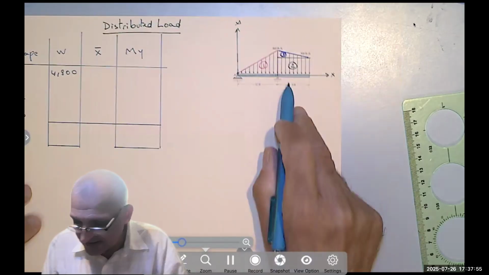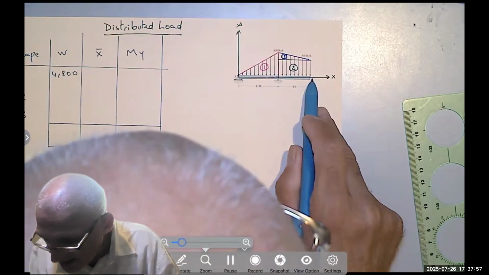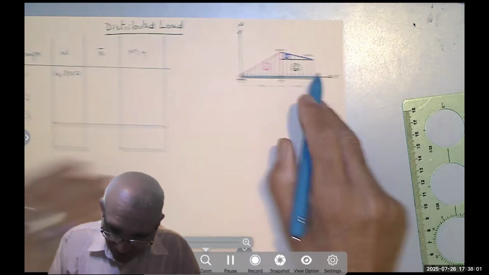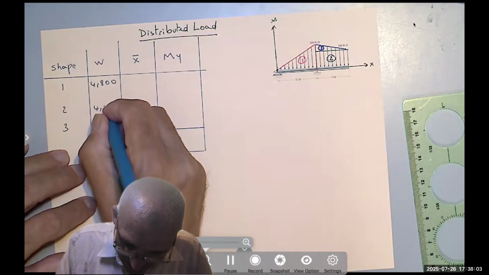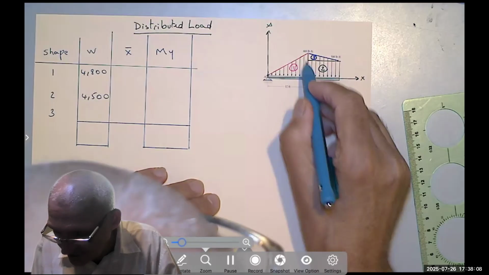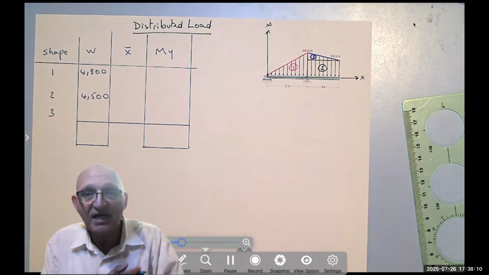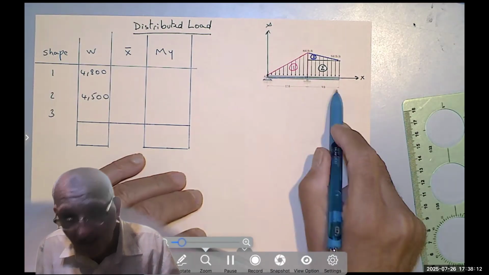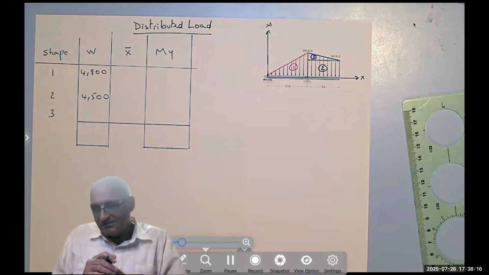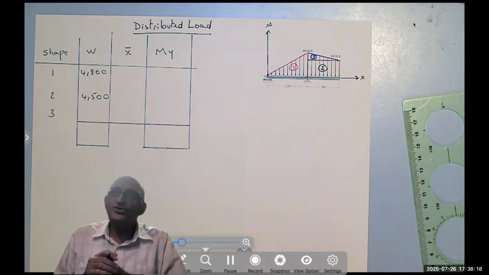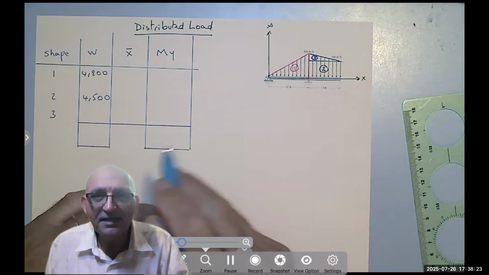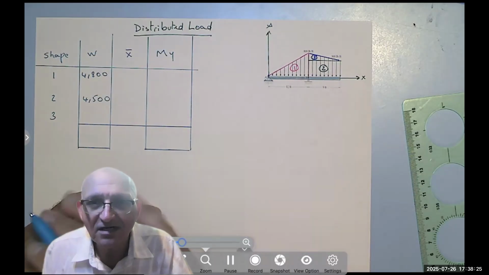Now, how about this rectangle? The base is 9, the height is 500, right? So it's 4,500 pounds. And finally, the triangle is 1/2 base times height. The base is 9, but what is the height? Again, unfortunately, many students would say 800, but no, it's not 800.